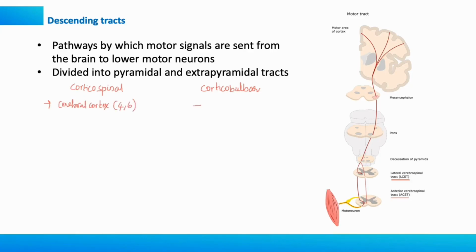Whereas corticobulbar tracts also arise from the cerebral cortex, mainly from the accessory motor cortex. After the origin, the corticospinal tracts pass through, focus here, an area called internal capsule.